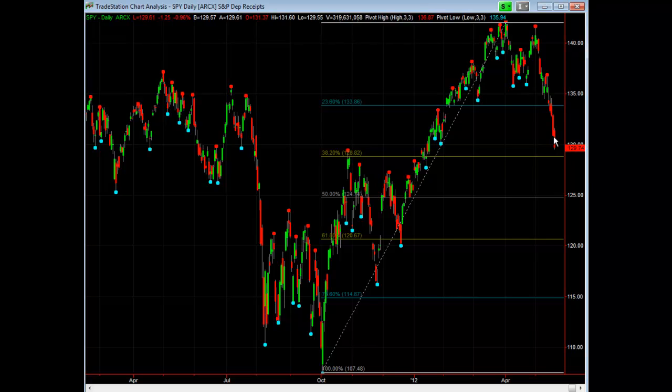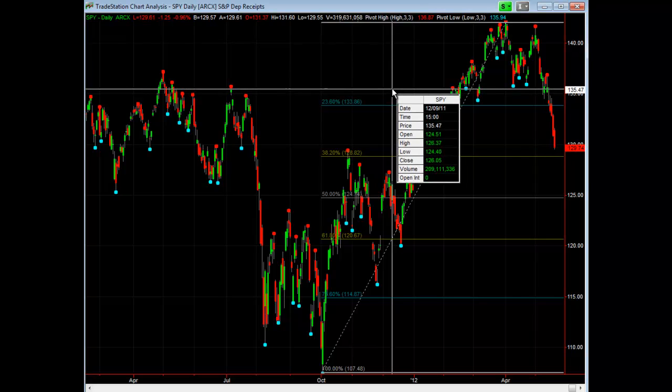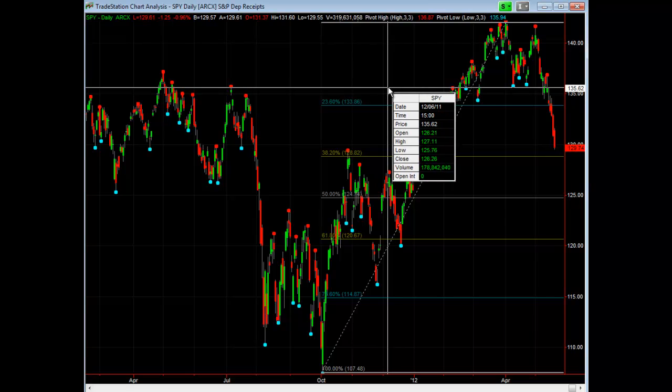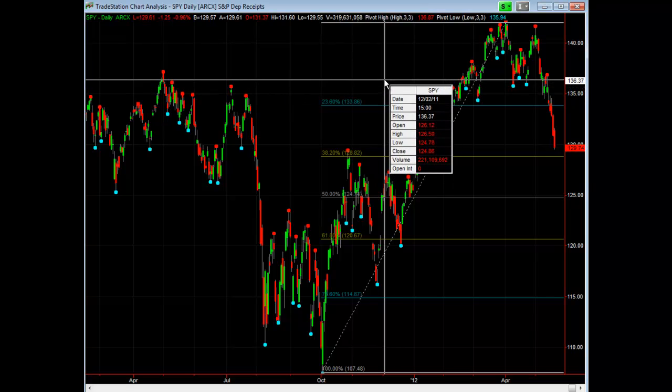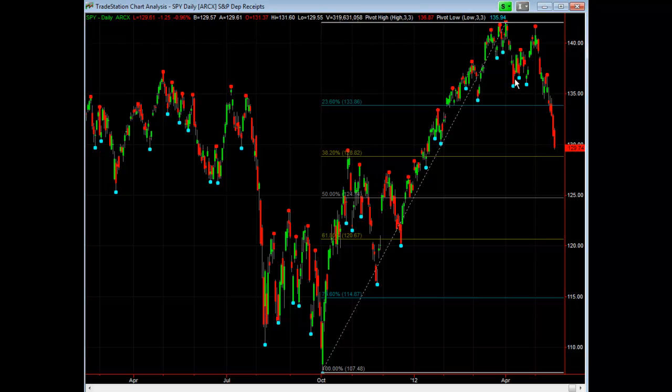The higher probability is that it could get a bounce here at the 382 because the market's getting very oversold. Rally back up to somewhere in this area here, 135, 136, right into here. You get lots of resistance, and then take another move down.